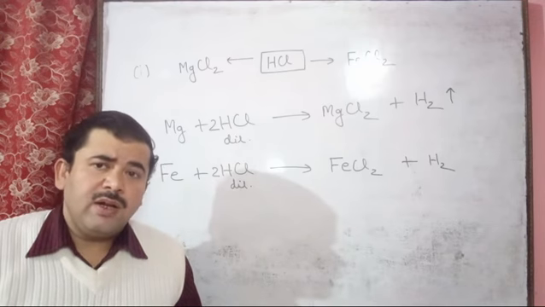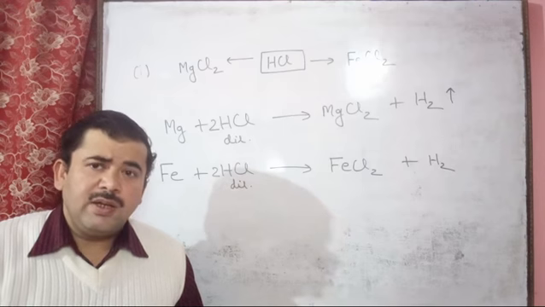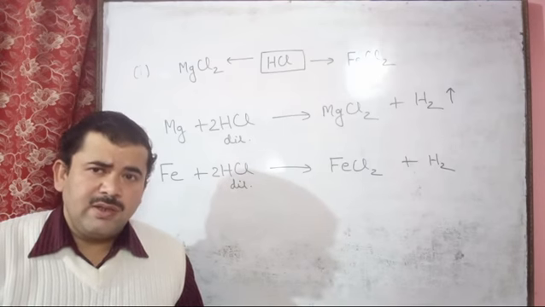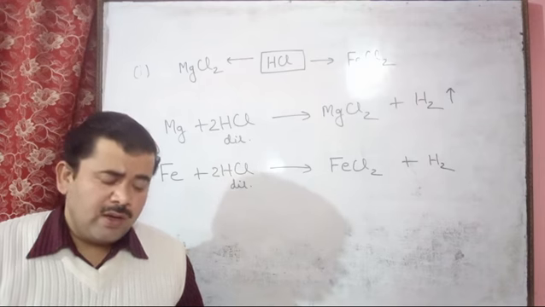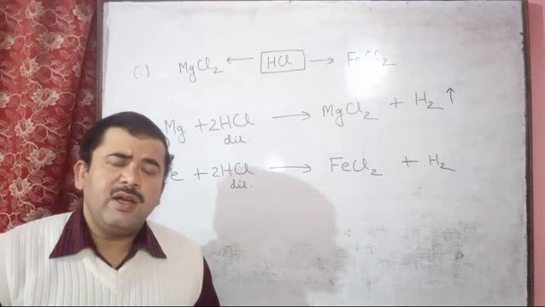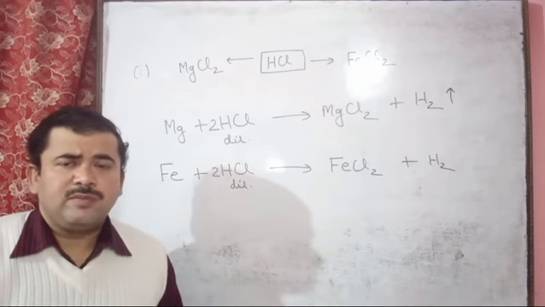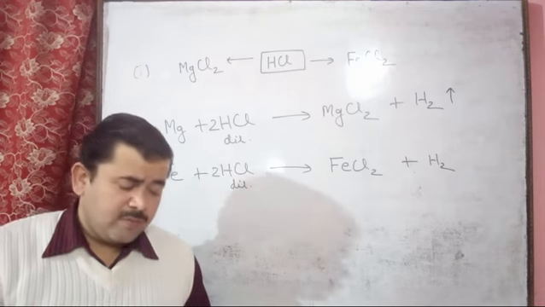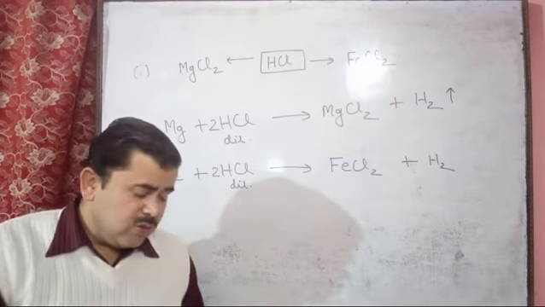About the lead I told, the reactivity of lead is just above hydrogen and very less. Also when lead reacts with the acid, it gives an insoluble substance. So this is the reason we will not take it. So here lead you will take.